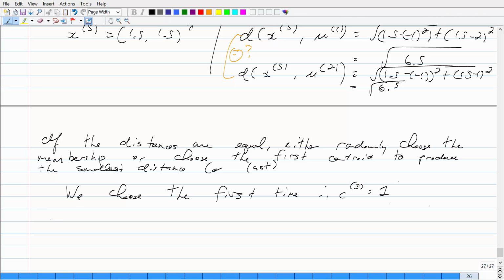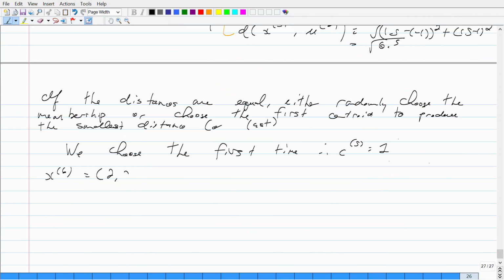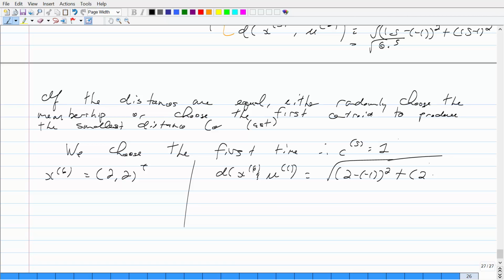Then finally, you want to calculate the distance for the last example, which is 2, 2. So we have x of 6 between that and the first centroid. We have 2 minus -1, and then plus 2 minus 2. In this case, we have the square root of 9, which is 3.